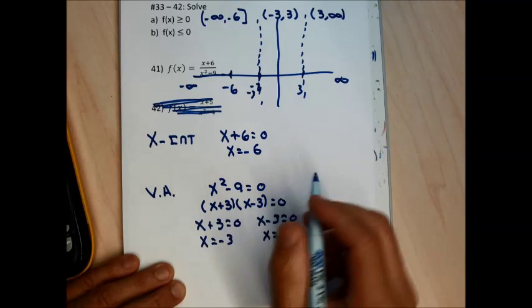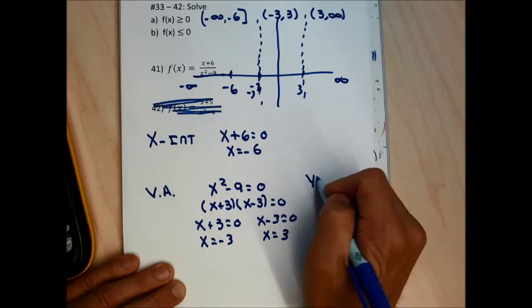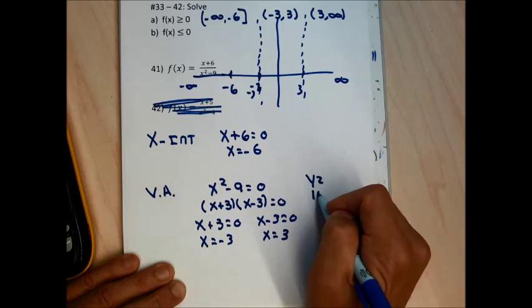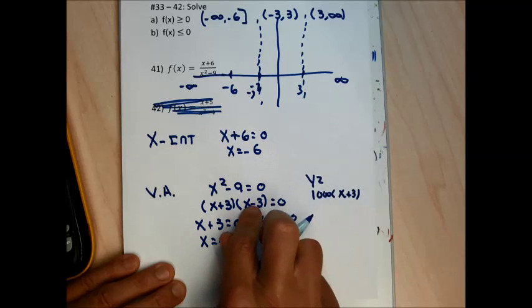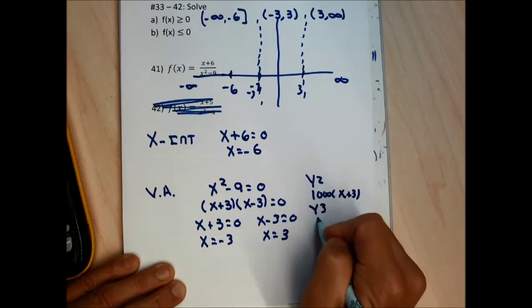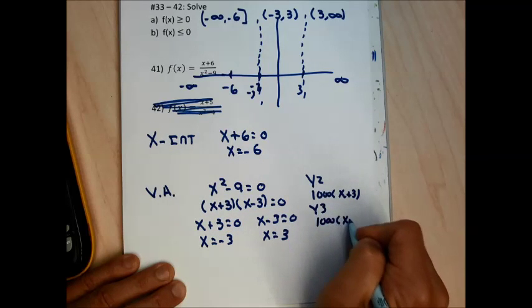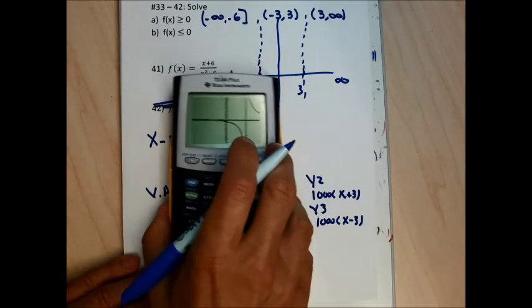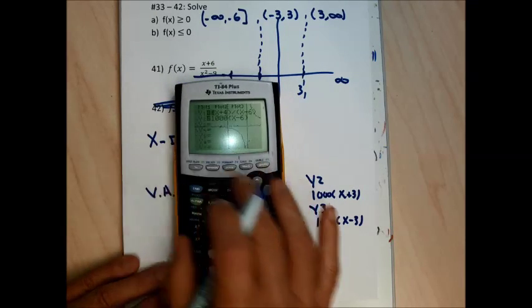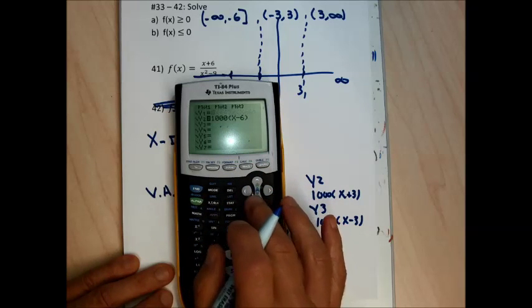To graph the vertical asymptotes in y2, I'm going to do 1,000 times x plus 3, and in y3, I'm going to do 1,000 times x minus 3 to get these vertical asymptotes drawn if you need to see them. So now I'm going to graph the function in problem 41 with a standard window.